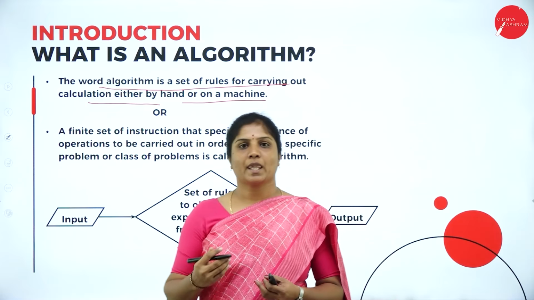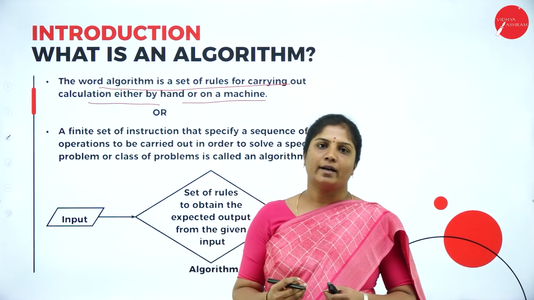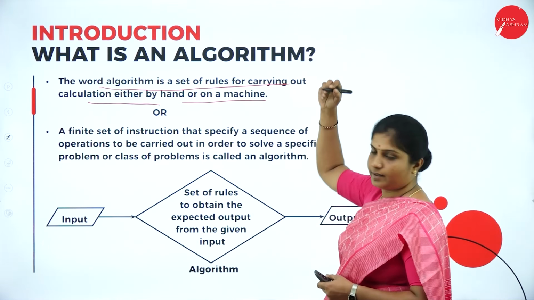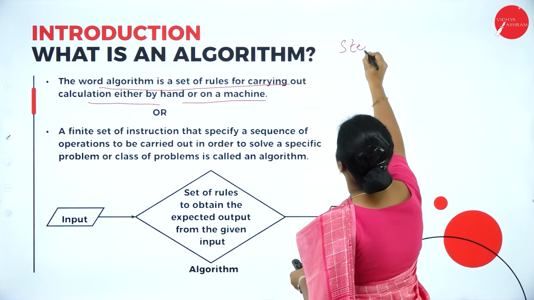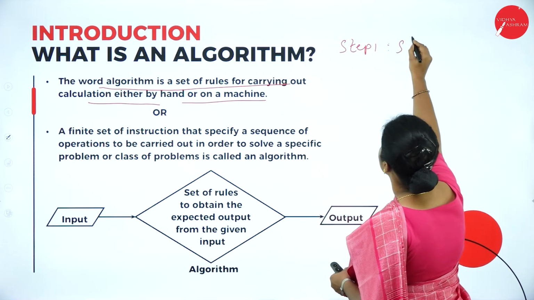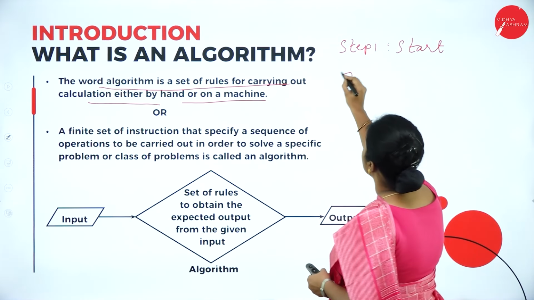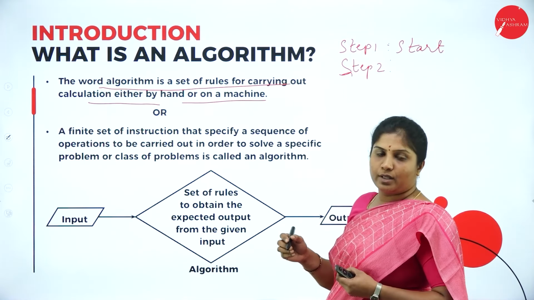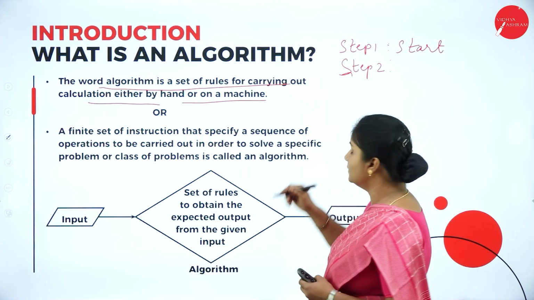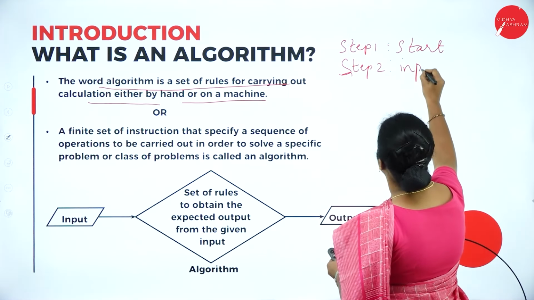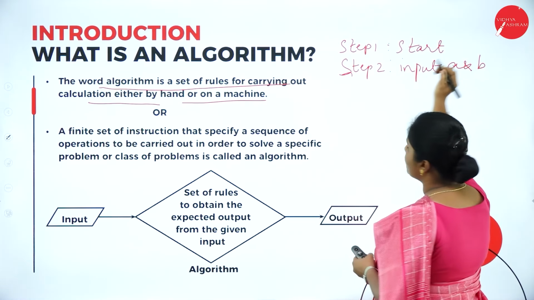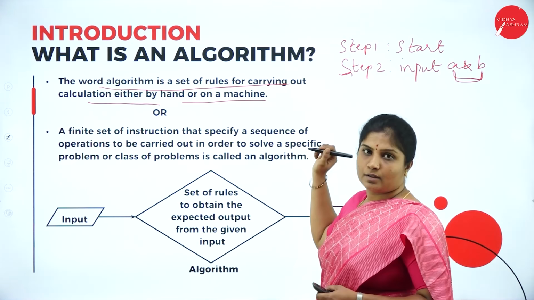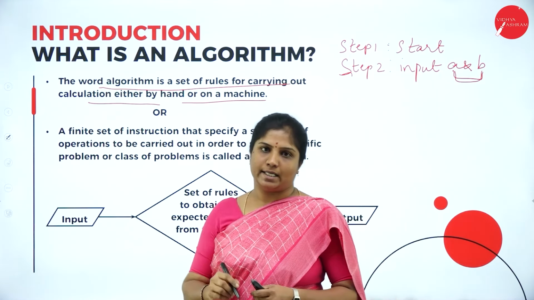For example, if I want to write an algorithm to find the addition of two integer numbers, I can write it by hand. Step 1: I need to start the algorithm. Step 2: I need to take the input, isn't it? What are those? Input A and B. These two are non-negative integers, that is, they must be positive integers.